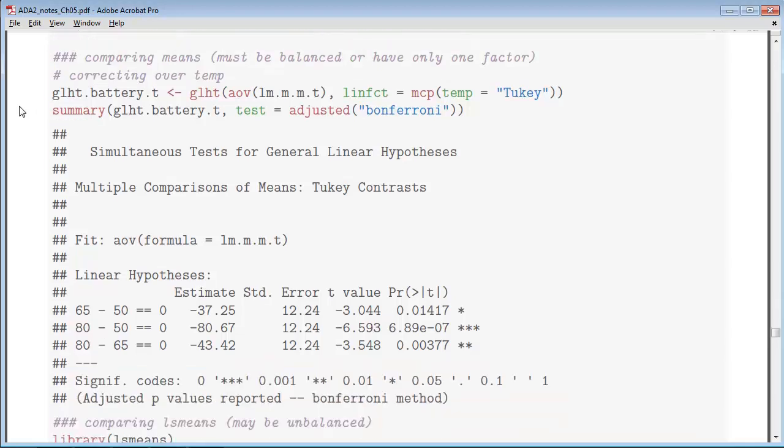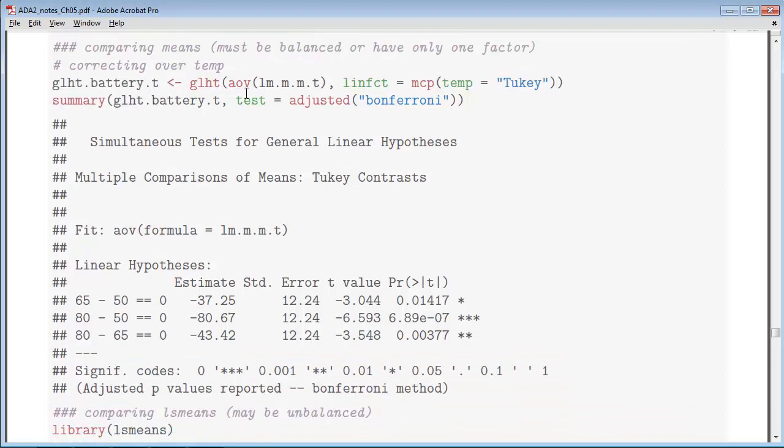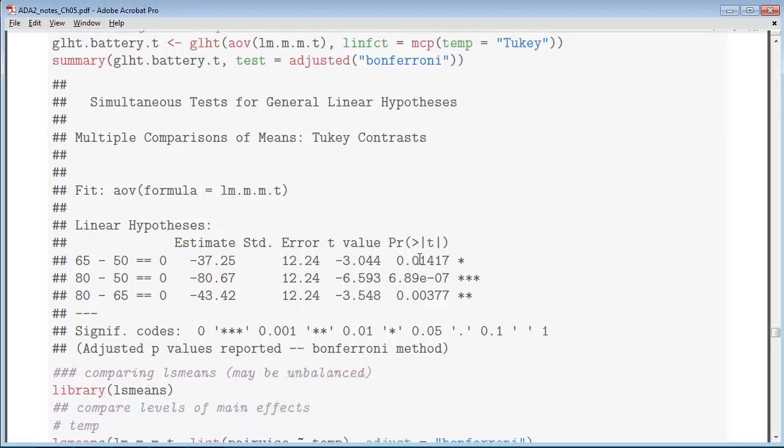So if I do the general linear hypothesis test here, for example, comparing temperatures, it will give me this test, and I find that all pairs are significant.